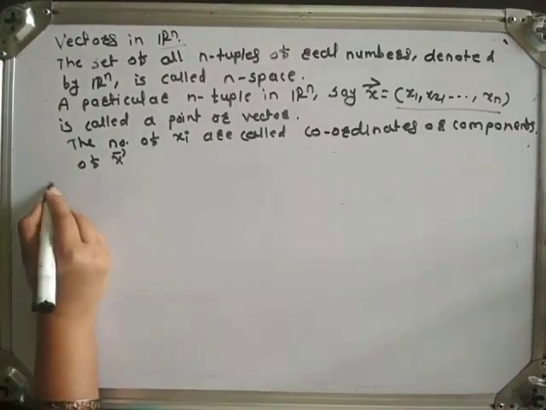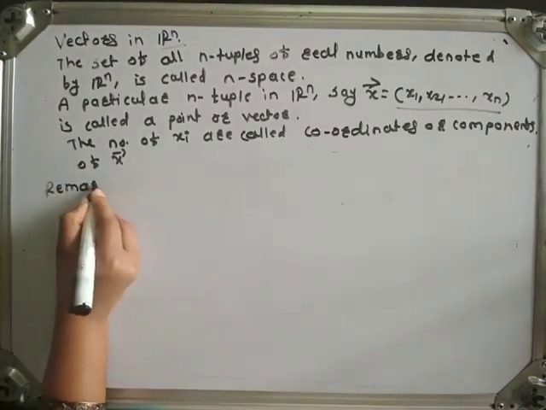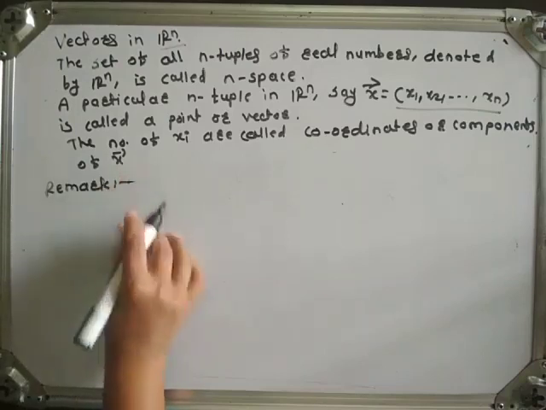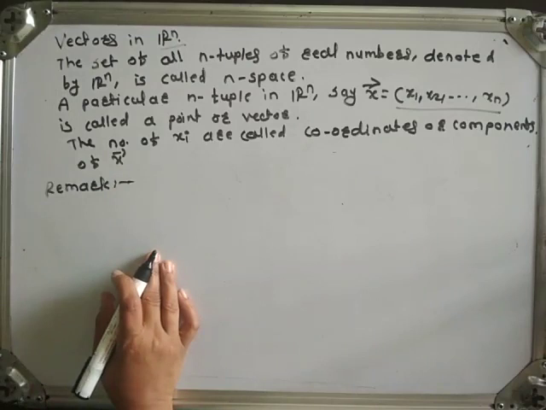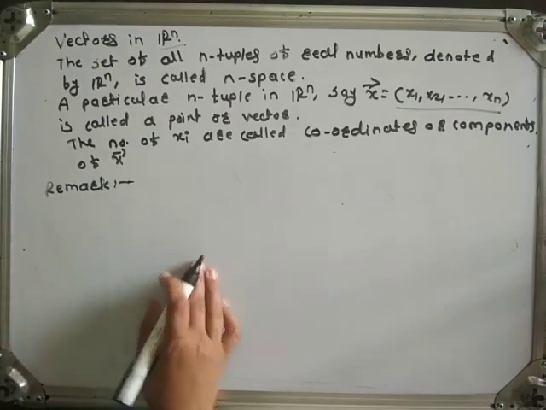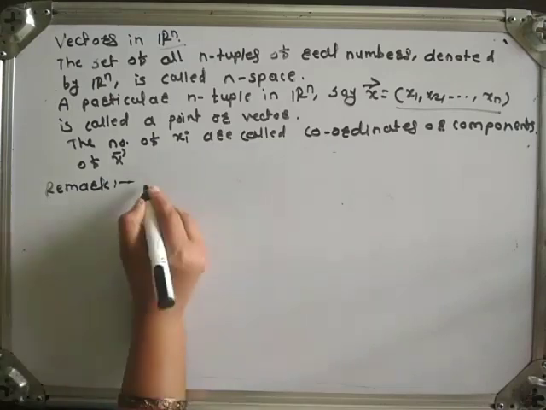Let us take a remark. We define equality and sum of vectors in Rn and multiplication by scalars analogous to that in 2 space or 3 space. Okay.